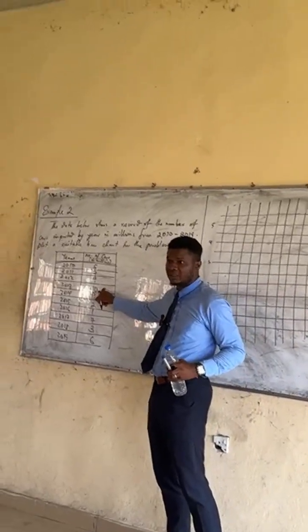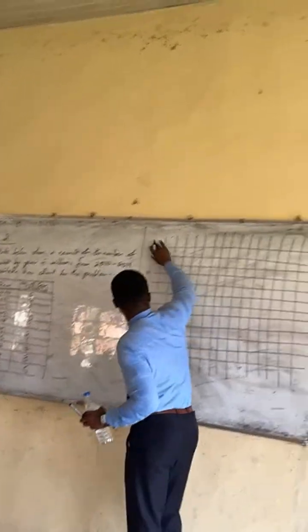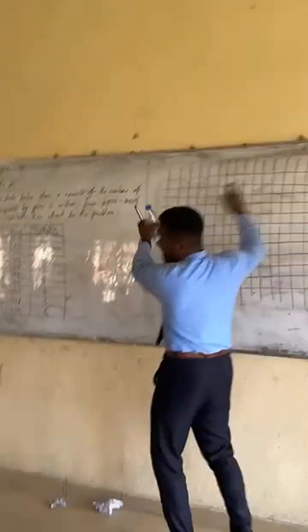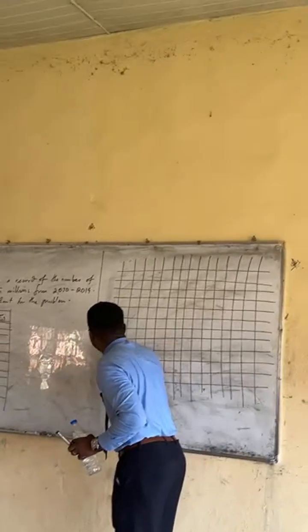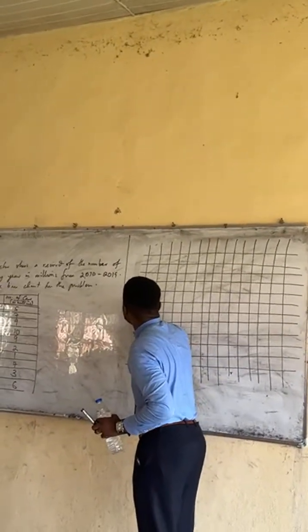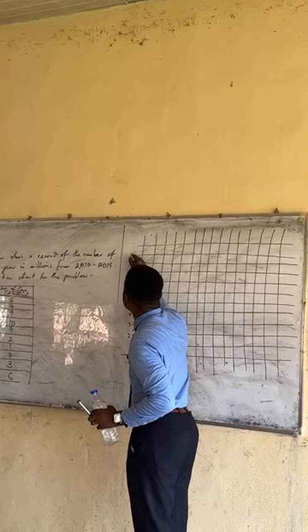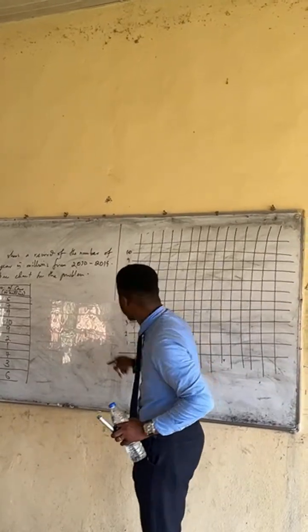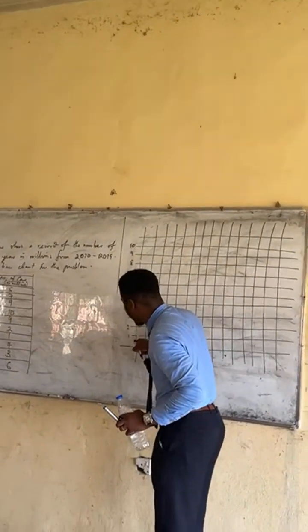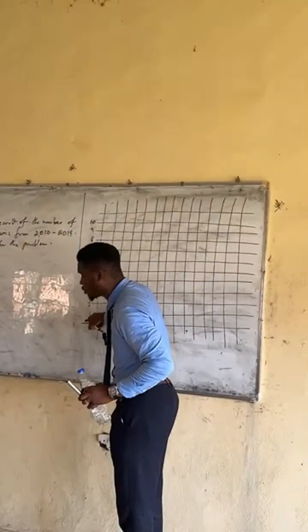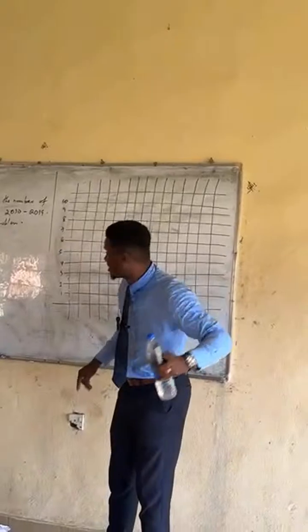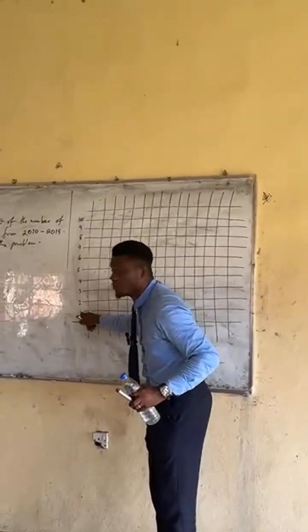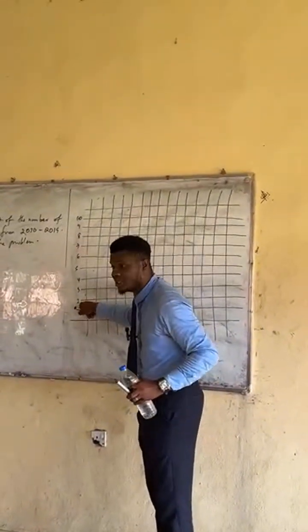Do you see it? So in this instance, based on the space I have, I would prefer to go with 1, 2, 3, 4, 5, 6, 7, 8, 9, 10. Me doing this means I am using 1 centimeter, the space of 1 small box, to 1 unit. If you say 1 centimeter to 10 units, it means after every small box, this will be 10, the next will be 20, 30.